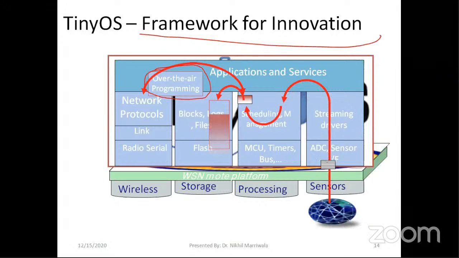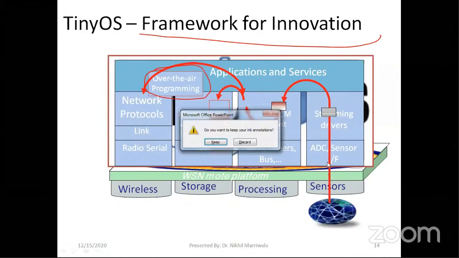I've shown you how things can be stored in the form of logs and flash, or they can be transmitted directly through radio devices, network protocols, or wireless sensor networks, as we call them. And TinyOS is the one which is utilizing them, right?